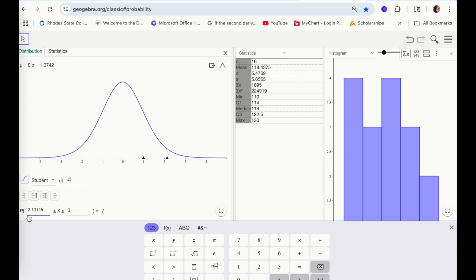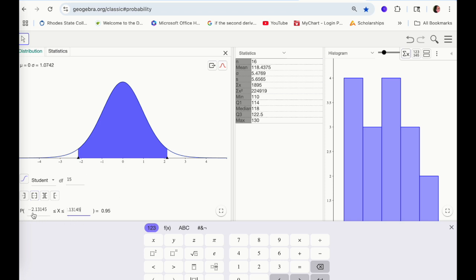I'm going to make this a negative 2.13145 on this side. And then here I'm going to put in positive 2.13145. And what do you know? There's 95% in the middle. That's the shaded area. So we know we have the right cutoff points.